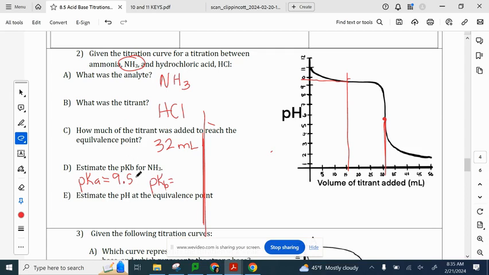Easier. What? 14 minus 9.5. Yes. 14 minus 9.5 is 4.5. And then for pH at equivalence, if we wanted to do that, we would get a straight edge going here and go across. So about 5.5, 6.